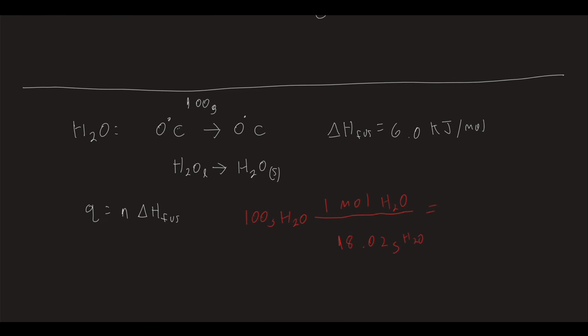So let's do that. 100 divided by 18.02 gives us 5.549 moles H2O.